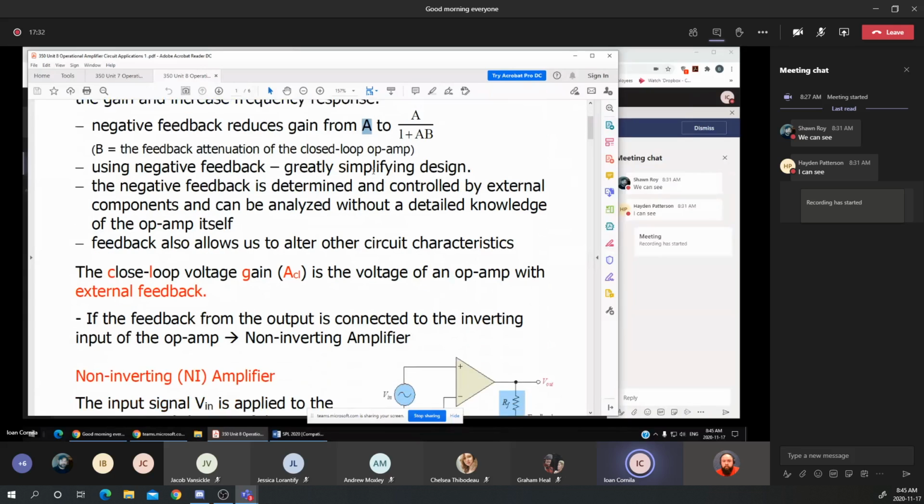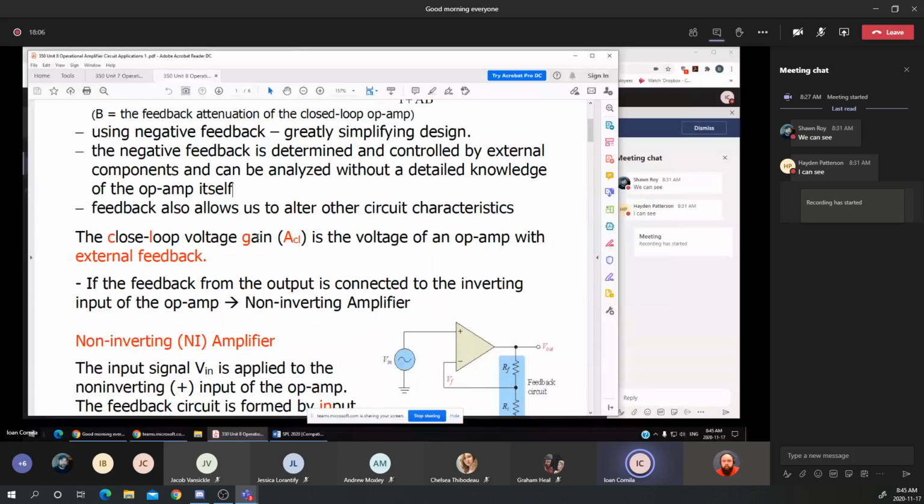Now we can simplify the design. Actually, we can control the external components much easier without knowing any details about the internal design of an op-amp. By simply changing the external components that may be added around the op-amp, we can define a different function for the op-amp application.